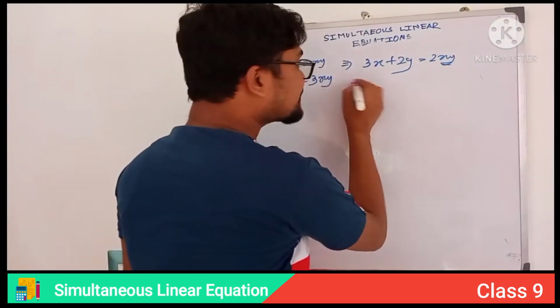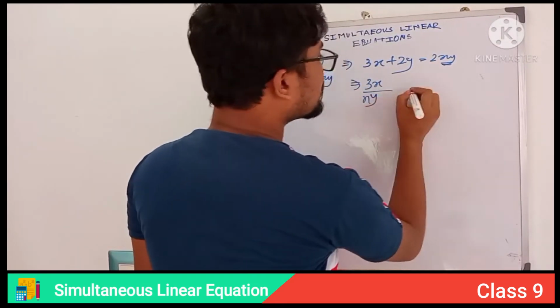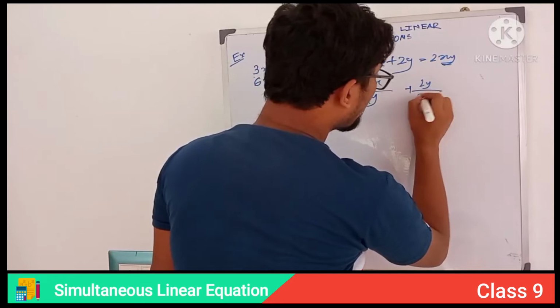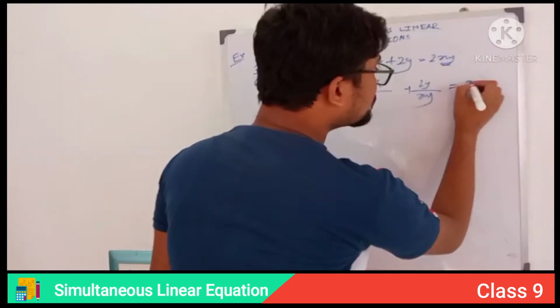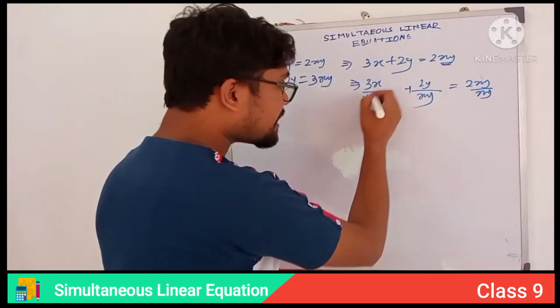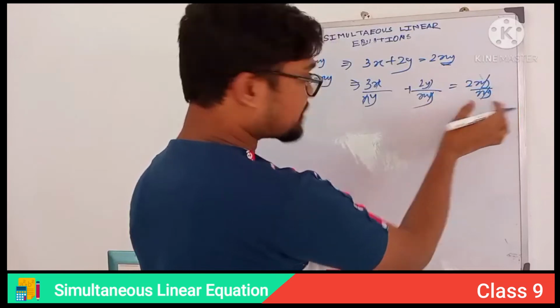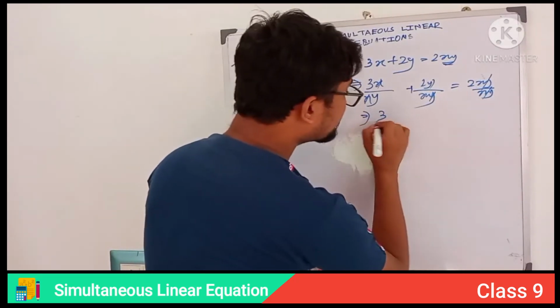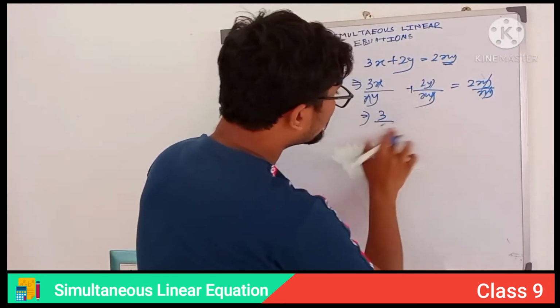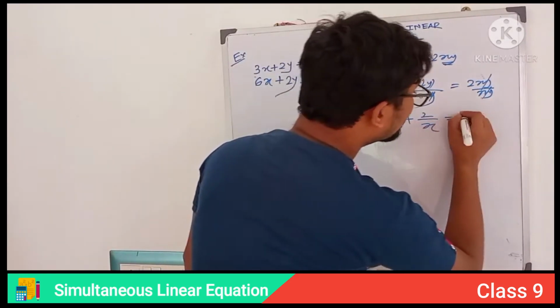So what we get? 3x by xy plus 2y by xy equal to 2xy by xy. Here x cancels, y cancels, and xy by xy cancels. So we get 3 by y plus 2 by x equal to 2.